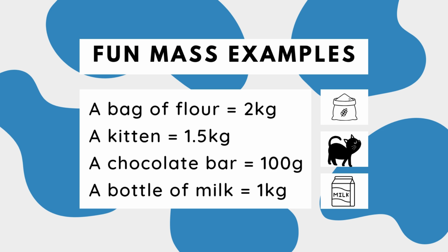There are 1000 grams in 1 kilogram. So if you want to put that kitten in grams, it's going to be 1500 grams, sorry guys, not 15,000. So that kitten will be 1500 grams or 1.5 kilograms.